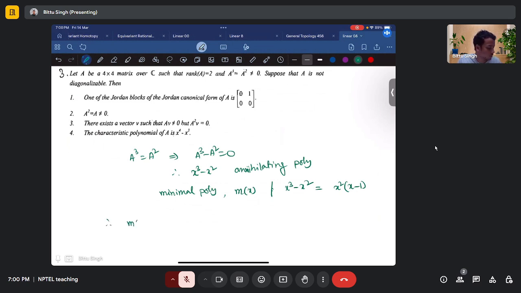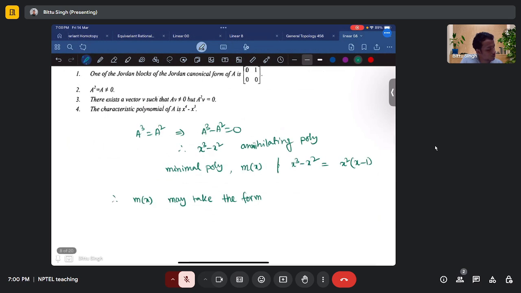Therefore, mx may take the form x minus 1, then x times x minus 1, and another possibility is x squared, only single x squared.